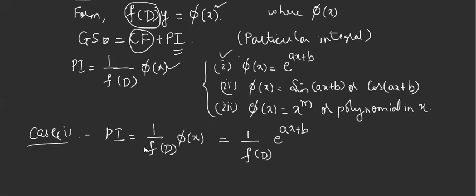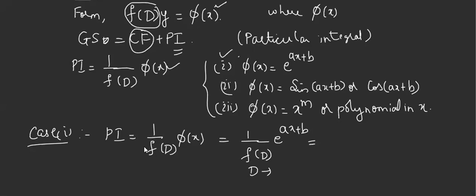If you have any exponential function format, I am going to explain how to do it. Now what you do is replace your D by the coefficient of x. What is the coefficient of x in the exponential? What is attached to x here?